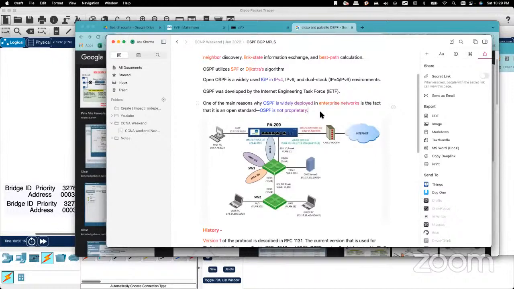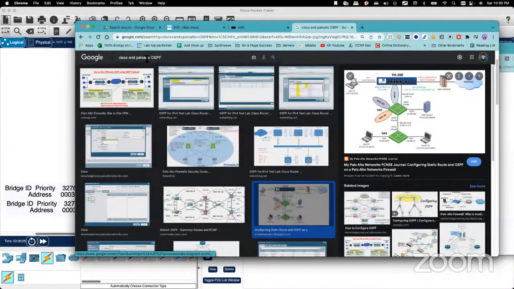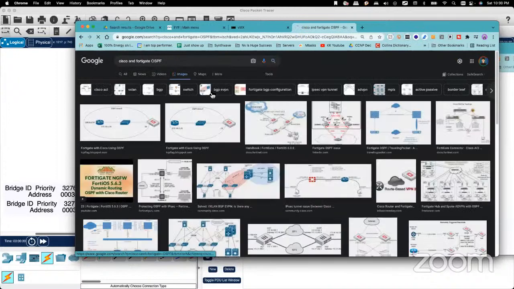So you can say, we will prefer OSPF because it supports multi-vendor devices like firewalls also. You can use a FortiGate also, because FortiGate is a very common device. In India, many companies are using this firewall. It's not a very costly device. That's the reason.